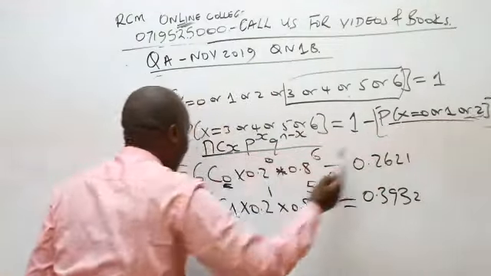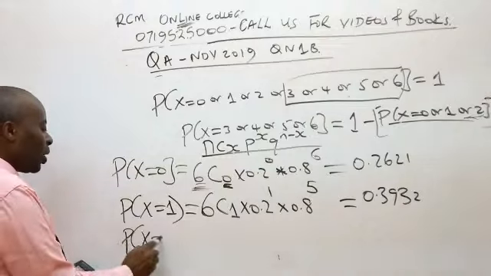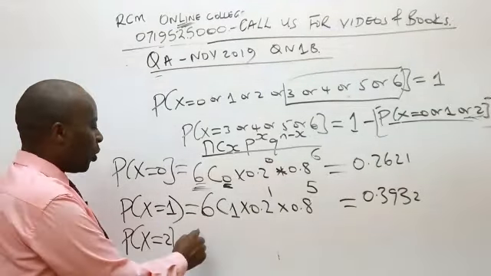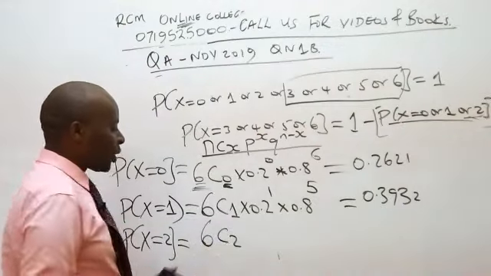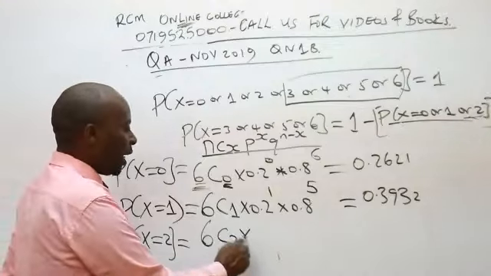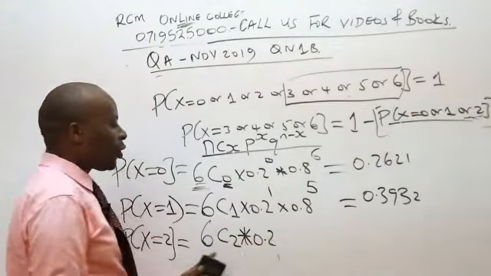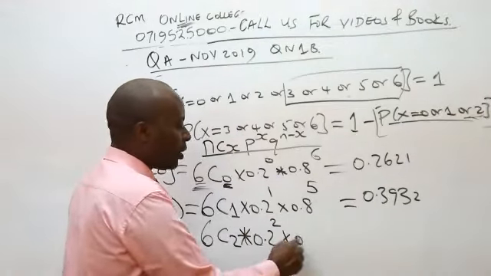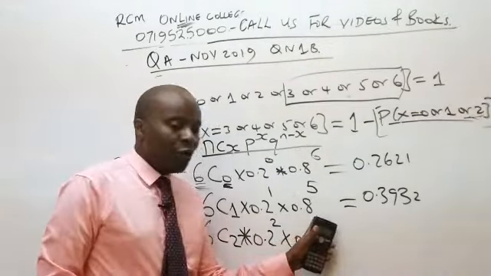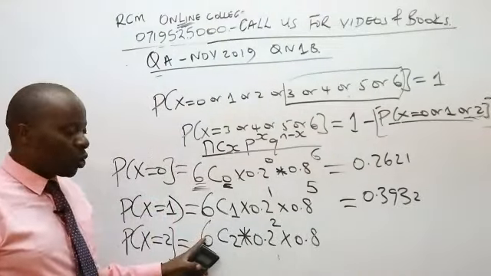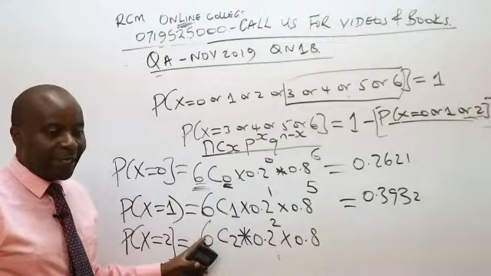From there, we have the last event. The last event is the probability of X being equal to 2. It will go like this: 6 combinations X, where our X is 2. So 6 combinations 2 times 0.2 raised to power X, where our X is 2, times 0.8 raised to our new power here. Remember the fact that the two powers must always total to the n that is here.